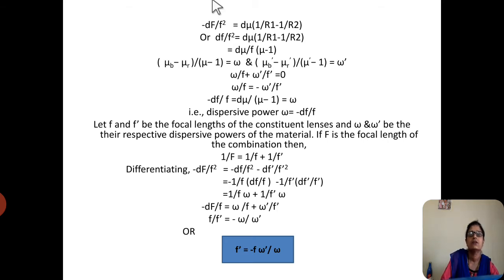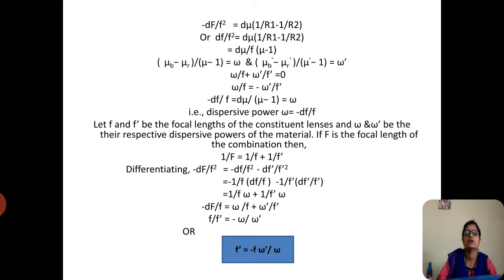Next, we differentiate the above expression, that is, df by f square equals d mu into 1 by r1 minus 1 by r2, or df by f square equals d mu divided by f into mu minus 1, because according to the lens maker's formula, 1 by r1 minus 1 by r2 equals 1 divided by f into mu minus 1.